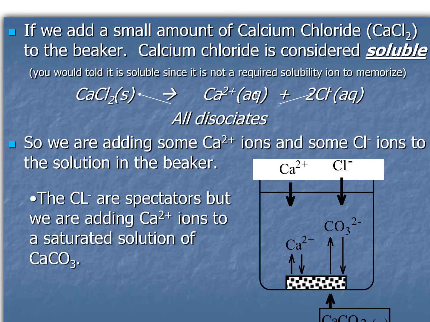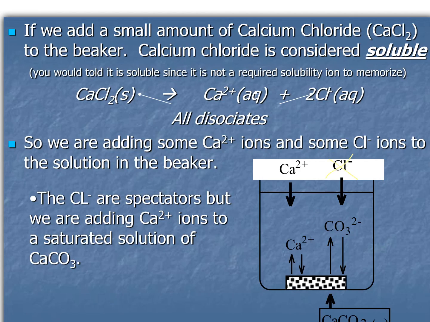Well, first off, calcium chloride is considered to be soluble, so it's going to break apart into its ions. And one of these ions should affect the solution already. Well, that would be the calcium ion. So we're essentially just adding some calcium ions and some chlorine ions to the solution. The chlorine ions will be spectators, and the calcium ions will play an effect.